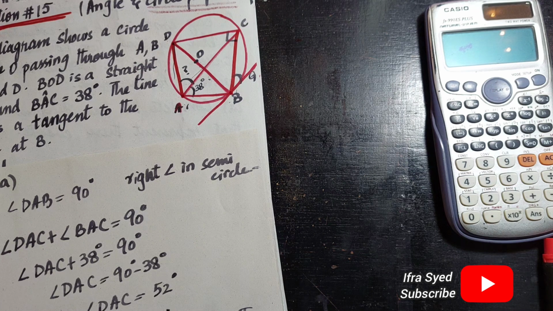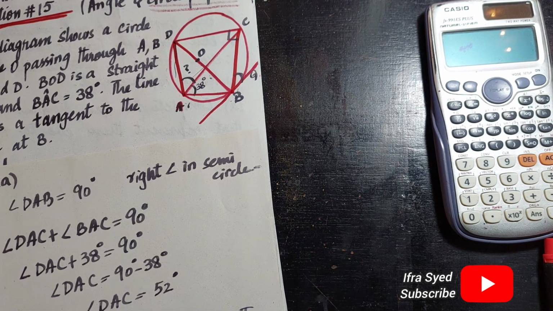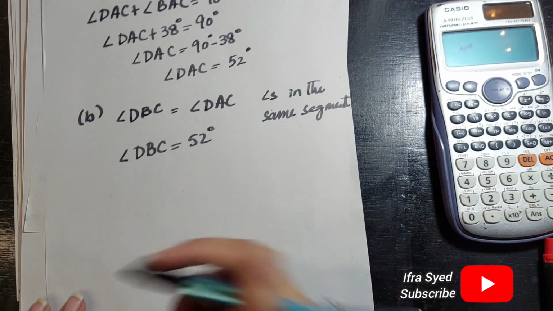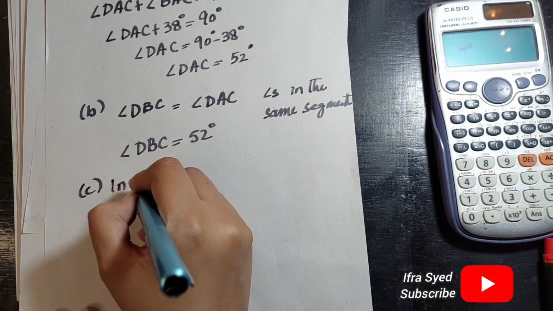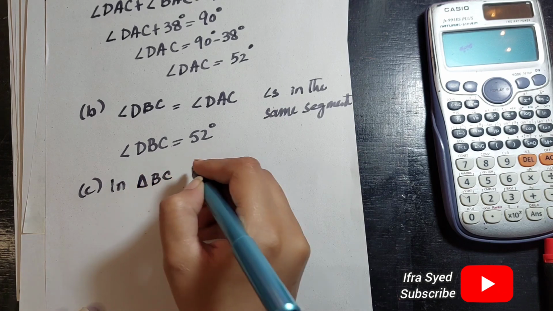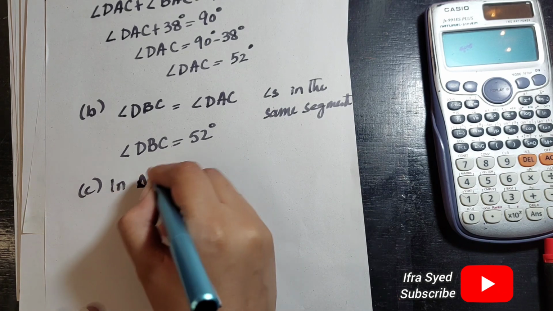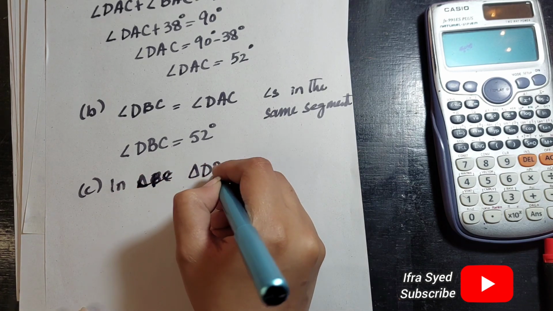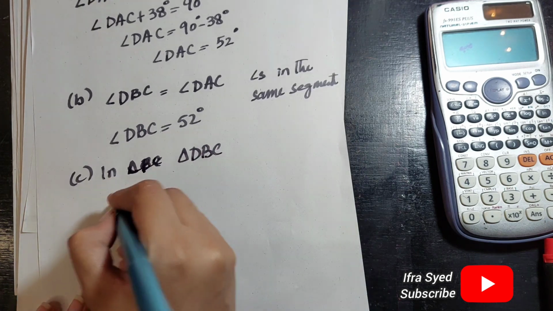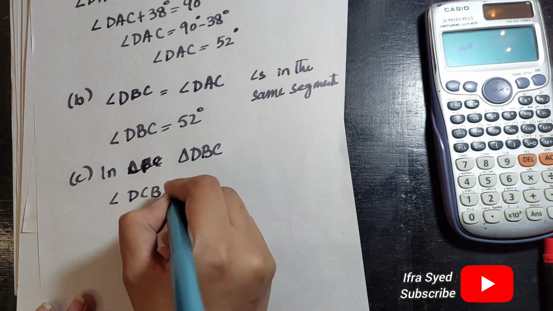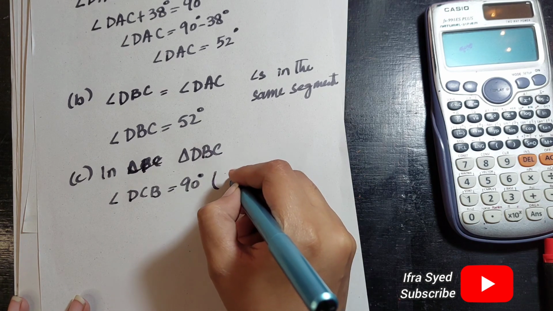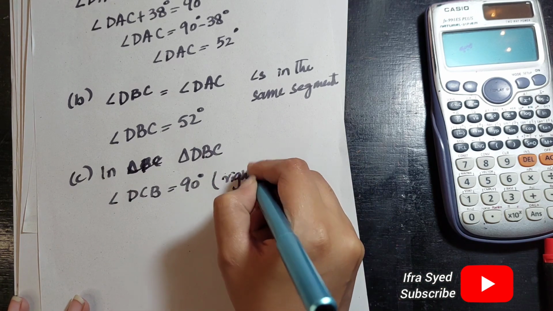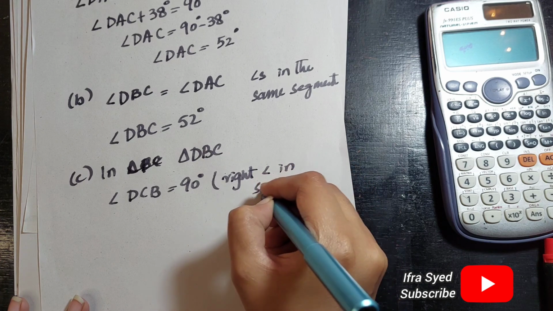So in triangle DBC, angle DCB is equal to 90 degrees, and the reason is right angle in semicircle.